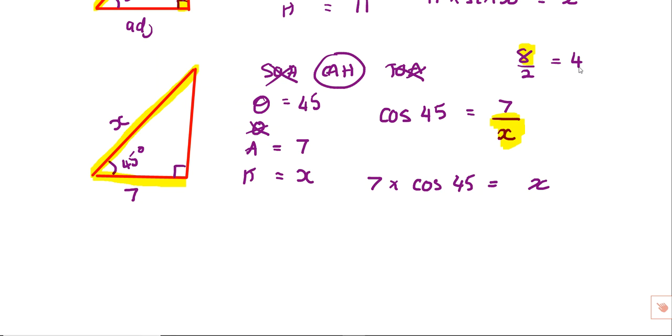Say something else that's true, using those 3 numbers. 8 equals 4 times 2. Or 8 divided by 4 equals 2. Alright? Now, because cosine of 45 is just a number, it follows.